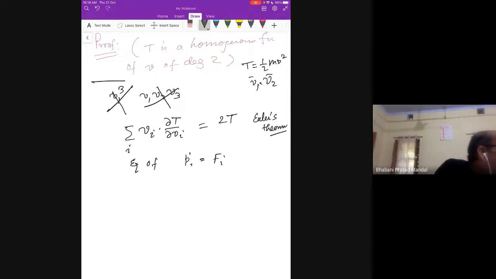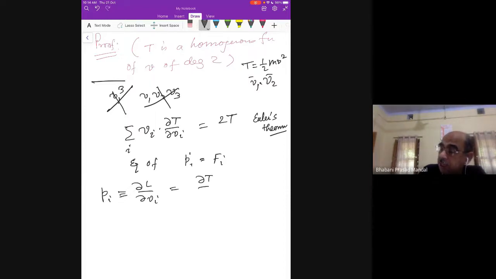One more thing which I should tell you: you remember that the momentum for the ith particle will be del L del vi, right? This we know. This is the definition of the momentum from the Lagrangian. So this is basically the same as del T del vi. Of course, again a very reasonable assumption, assuming that the potential energy is not velocity dependent.